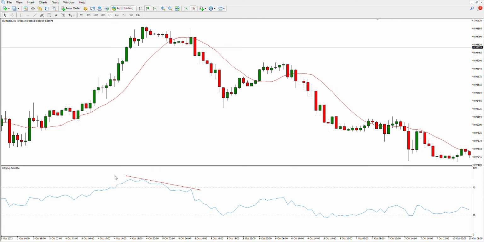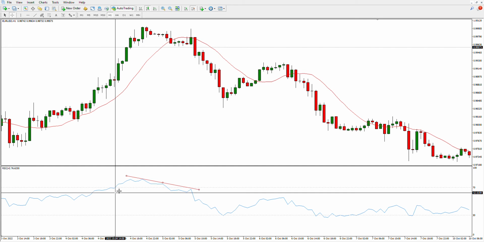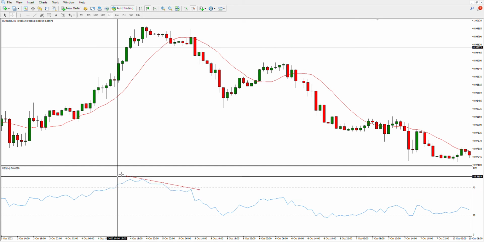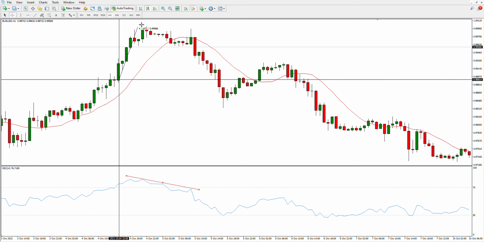Here is another example. Going back to this trade, if you would have entered as soon as the RSI became extreme, unless you had a really wide stop loss, you would have probably been cutting your losses short on that trade.